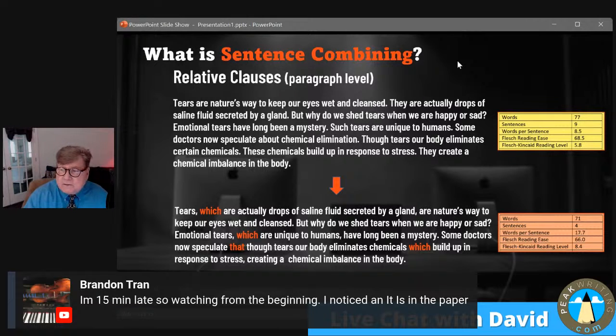And you see the reading level has improved from the sixth grade level to the 8.4 level, almost the 9. And then after you get finished with the paragraph level, you would then go to the essay level, where I would give you an entire piece of discourse during which you would have to combine sentences using relative clauses.